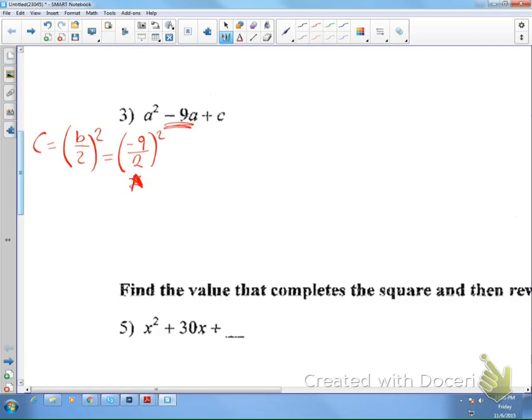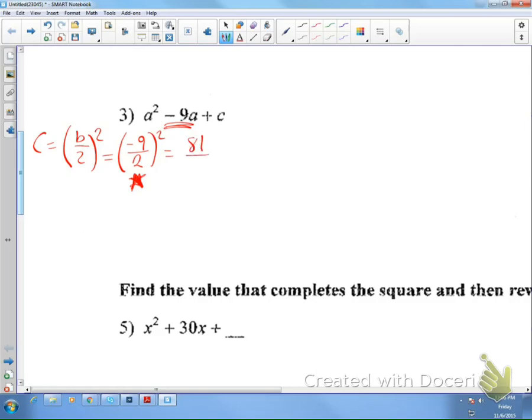I want you to star when you're going to take the square. Now what we do is square them separately. Allison, what is negative 9 squared? You don't need a calculator. It means negative 9 times negative 9. Good. Positive 81.